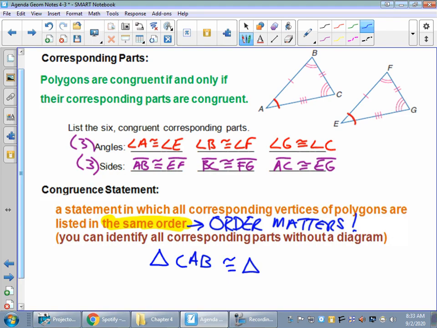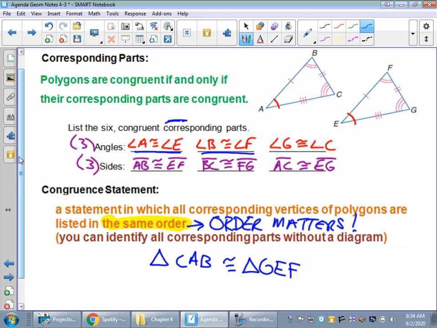Looking at the corresponding parts, angle C goes with angle G, so I would have to name the second triangle starting with G. Since angle A corresponds with angle E, my next one would have to be E. Because B and F correspond with each other, the next would be F. So it would have to be triangle CAB is congruent with triangle GEF.